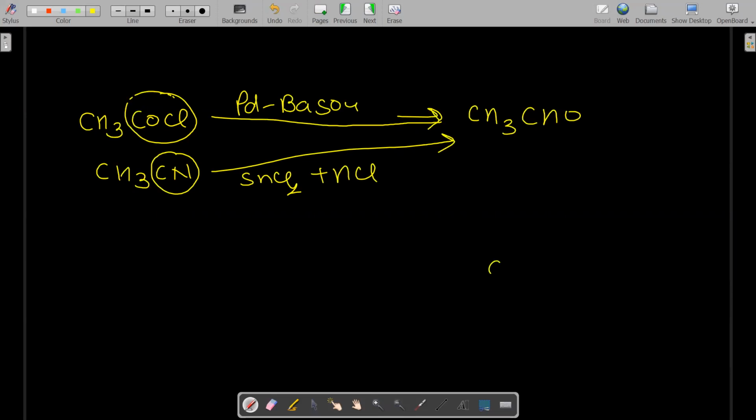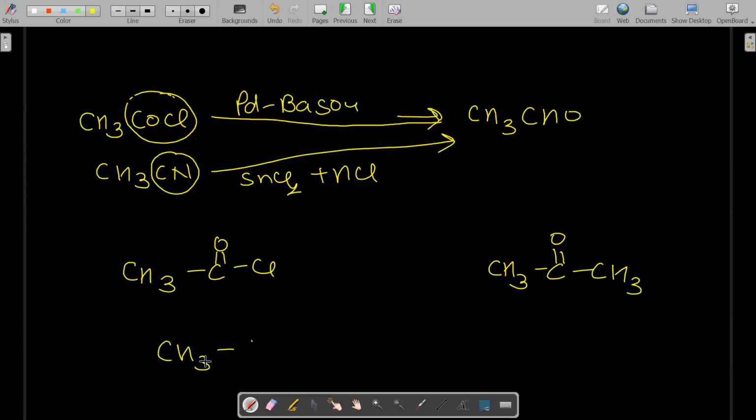Similarly, suppose I ask one question, how to form this product, that is acetone, or propanone, in one step. You can take either CH3COCl or CH3CN. You can take the same thing and obtain the same product, but only the reagent will be different.